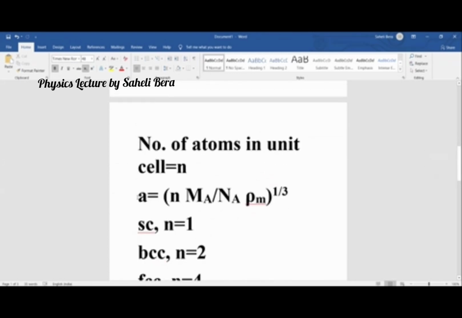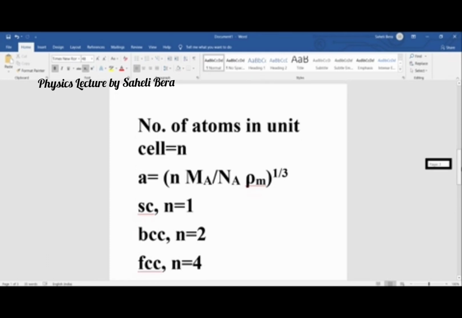I will get V, or A cube, equal to N, the number of atoms in the unit cell, into Ma, the atomic mass, by Na, the Avogadro number, into rho m, the mass density. This will be A cube, or volume. So A will be the cube root of that, or this to the power 1 by 3.